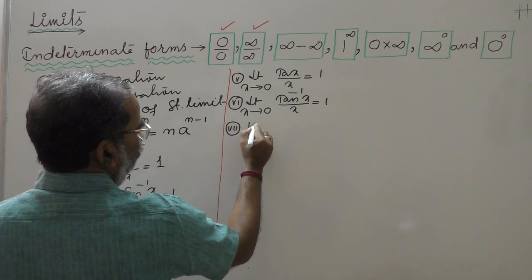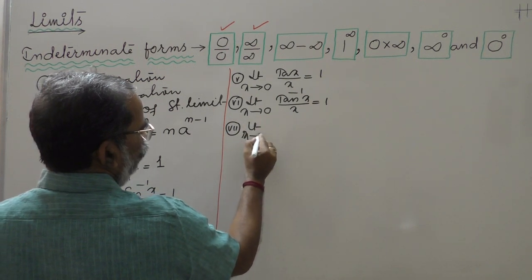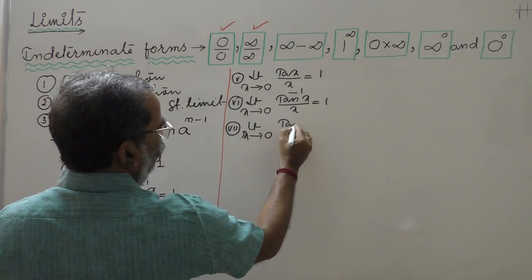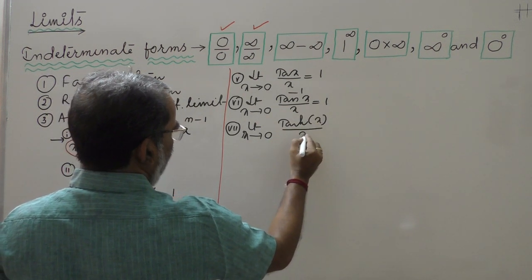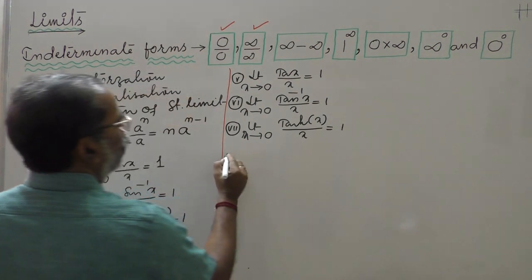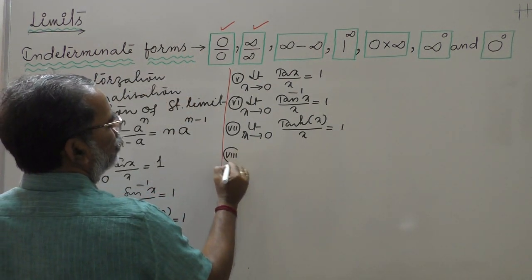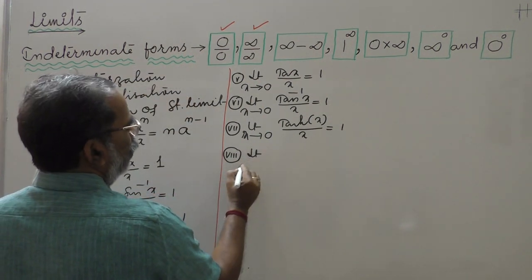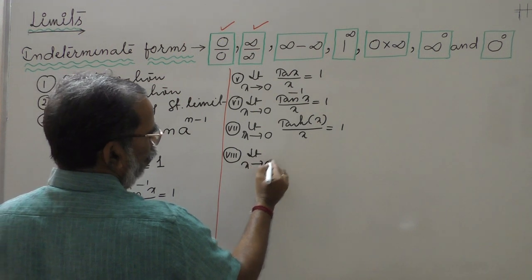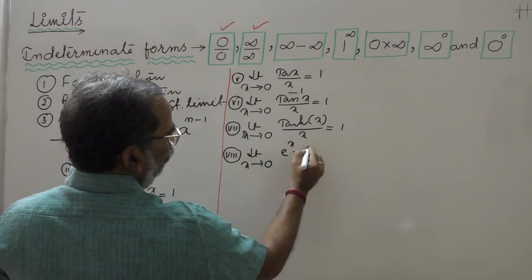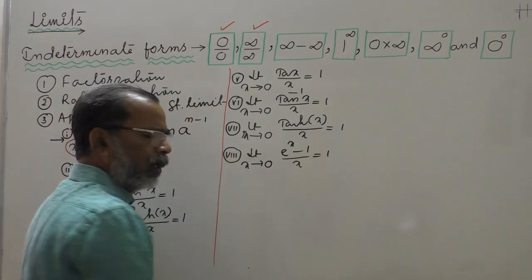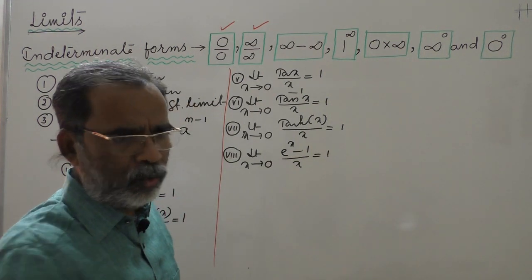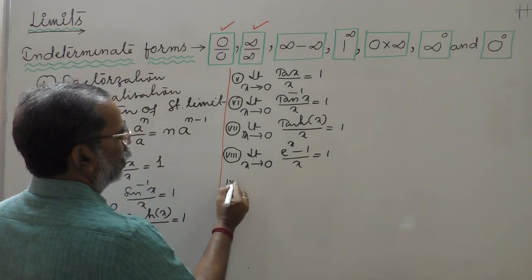Number 7. Limit as x tends to 0 of tanh x by x. This is also 1. Next, number 8. Limit as x tends to 0 of (e power x minus 1) divided by x. This is also 1, where e is a number between 2 and 3. Next, number 9.